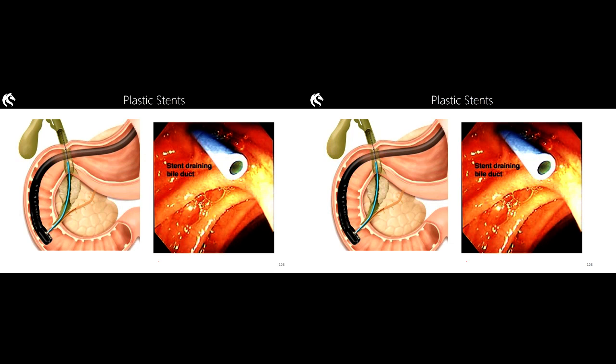All right. So now I'm going to talk about stents. I'm going to talk about plastic and metal stents. A stent is a structure which is put in the body to keep a tube open, is probably the best way of phrasing it.